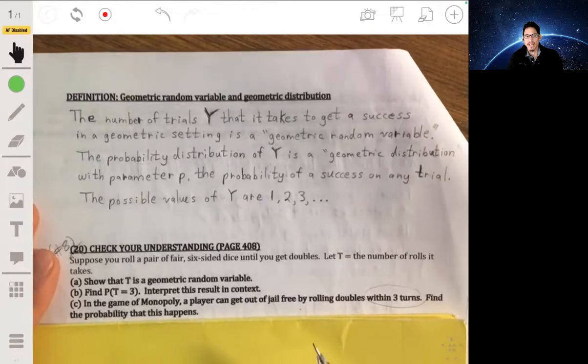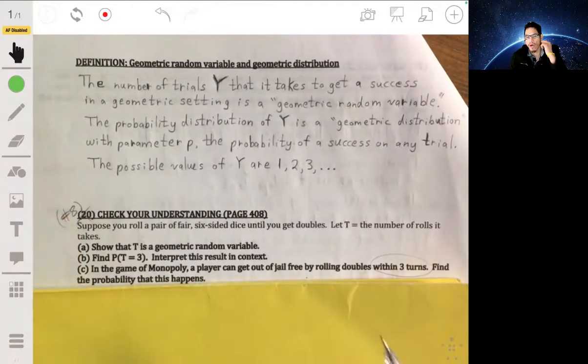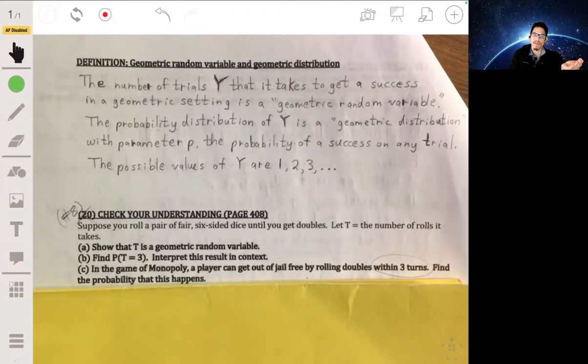Pretty much like how we show that a variable is a binomial random variable. We want to show that we have clearly defined successes and failures. It's binary, but again, I don't like to say that because it's geometric, the same sort of thing. Now we check that the probability of success in these trials is independent of any other trial, so it's not going to change based on your outcome on the previous trial.